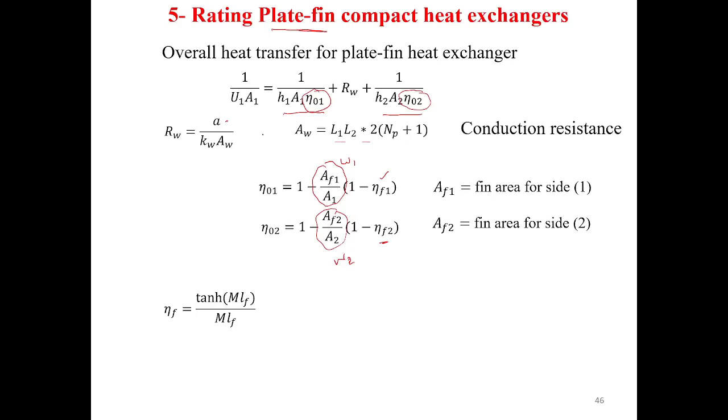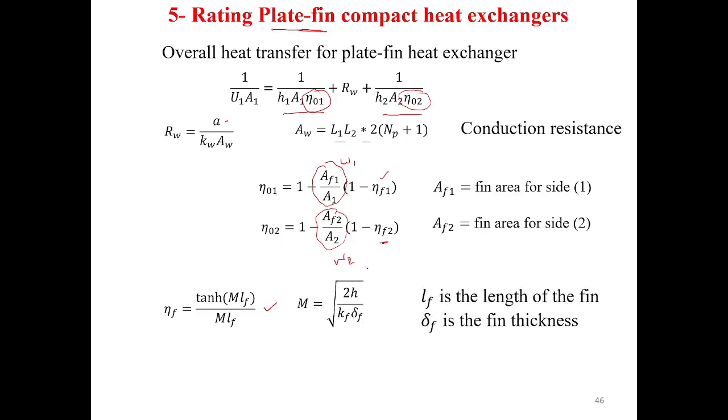For most of our calculations, we are going to assume that the fins are straight fins, so we can utilize this expression to find the fin efficiency, which is tanh MLF divided by MLF, where M is under square root 2H divided by KF multiplied by delta F, where H is the convective heat transfer coefficient, KF is the thermal conductivity, delta F is the thickness of the fin.